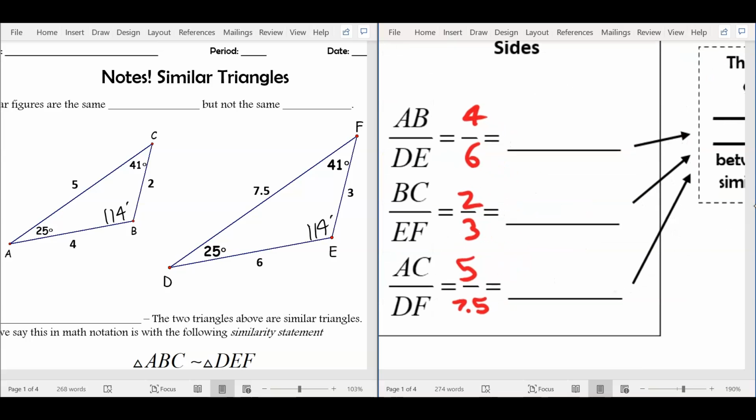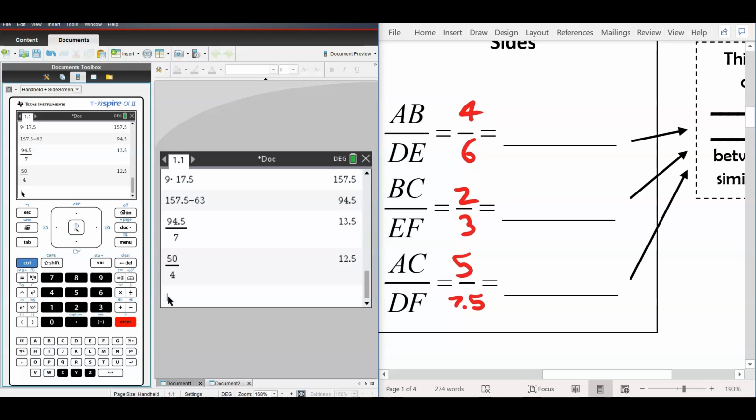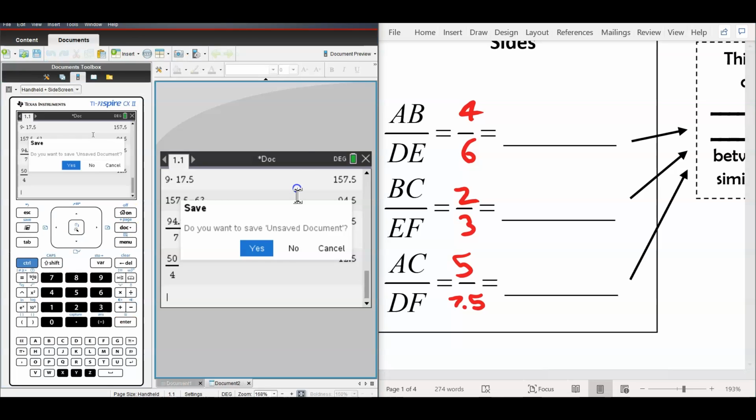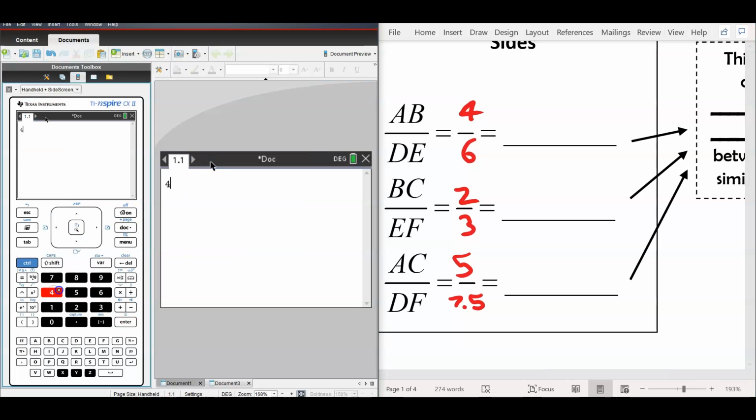So I'm going to zoom in here. 4 over 6. If I put this into my calculator, 4 divided by 6, it just gives me another fraction. Okay, so 4 over 6 reduces to 2 over 3. That's cool. Or if I hit Control-Enter, I get 0.6 repeating. So we're going to put 0.67.